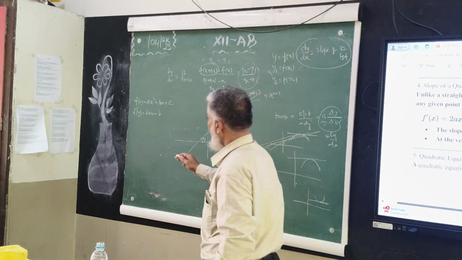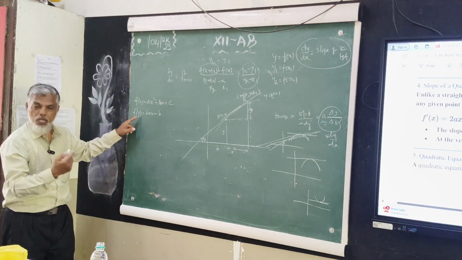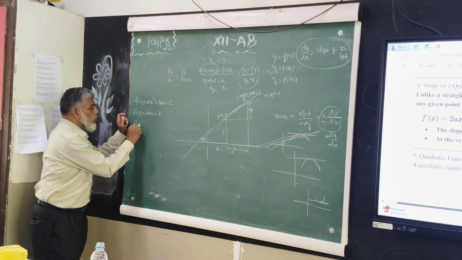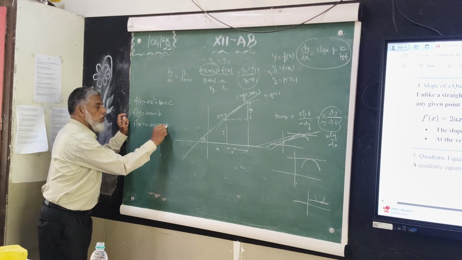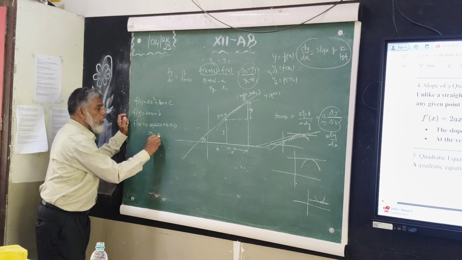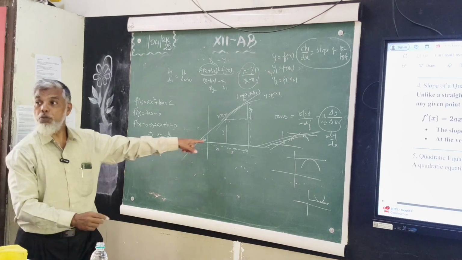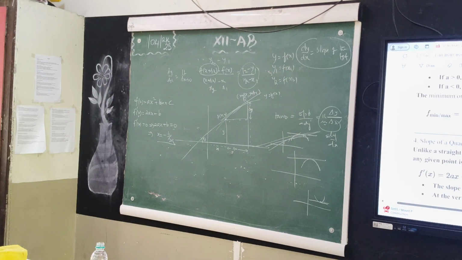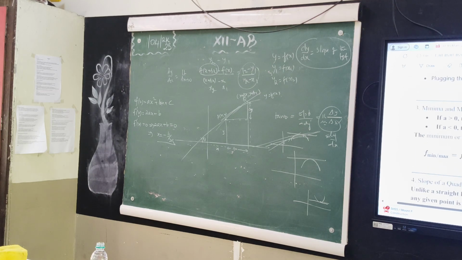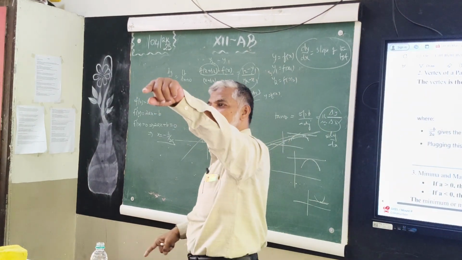So make it like this. This is your f of x and f dash of x, and f dash of x equal to 0 will give you 2ax plus b equal to 0, which implies x is equal to minus b by 2a. About the turning point, how to find the turning point?